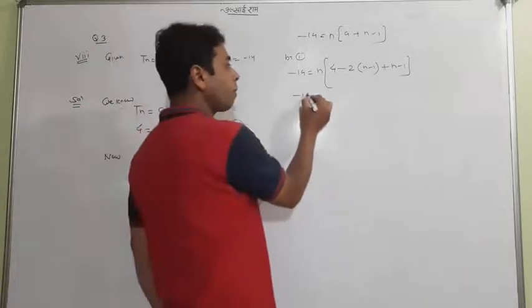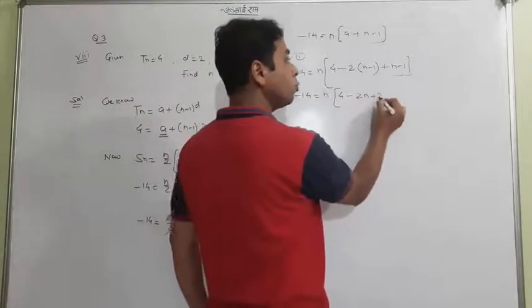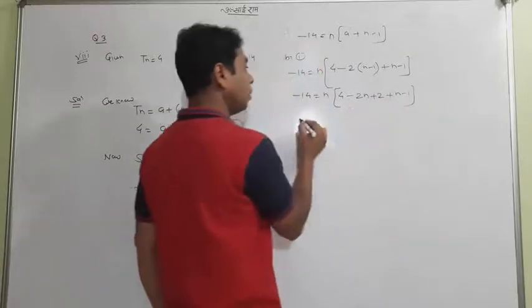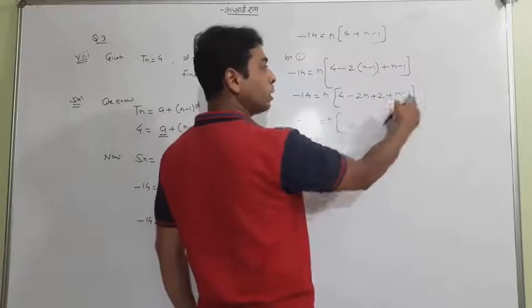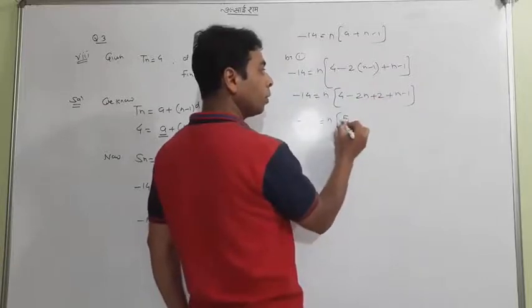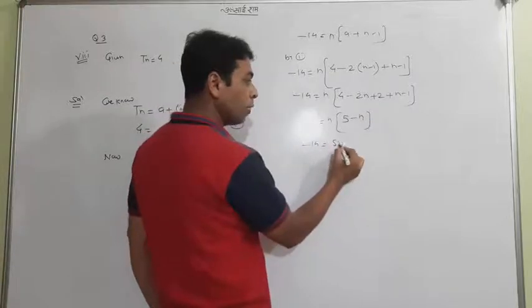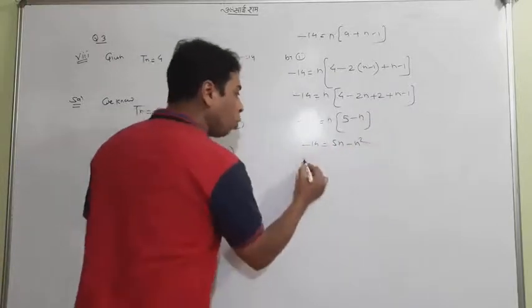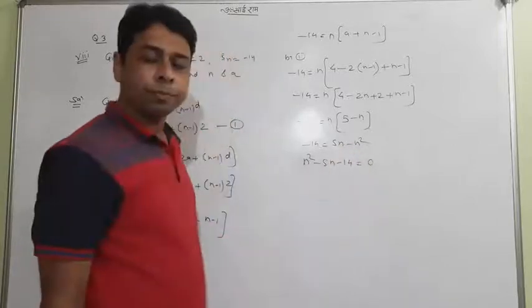Now solve it. 4 minus 2n plus 2 plus n minus 1, and solve by the so-called method. 4 and 2 make 6, and 1 makes 5, and these two will be minus n. Now multiply by n inside: 5n minus n square. Transfer all the terms. You have got the so-called equation.